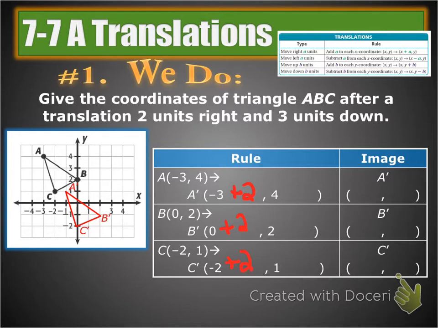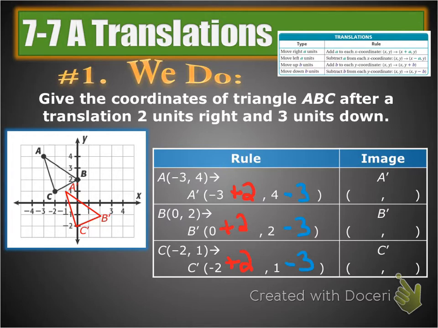Now it says that I am moving 3 units down. And if you look at the rule, if you're moving 3 units down, you are subtracting 3 from your y coordinate. So now that I have my rules all set up, all I have to do is fill in the answers.